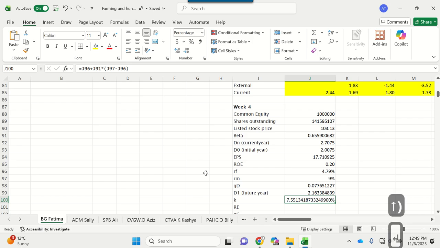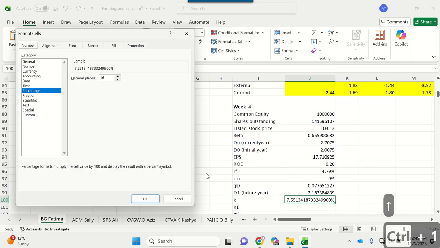I'm going to reduce how many decimal places. So Control 1, and then they have it as a percentage, which is okay, but not 16. I'm going to make it 3.